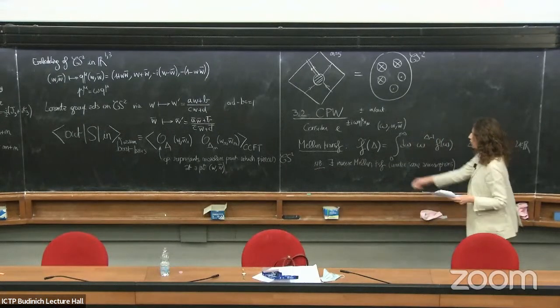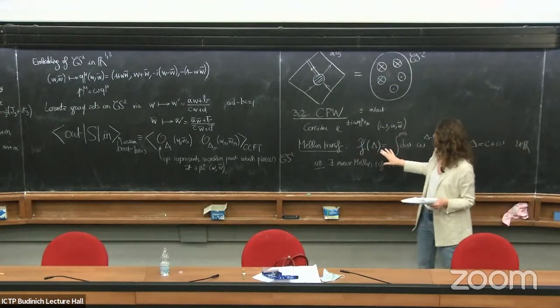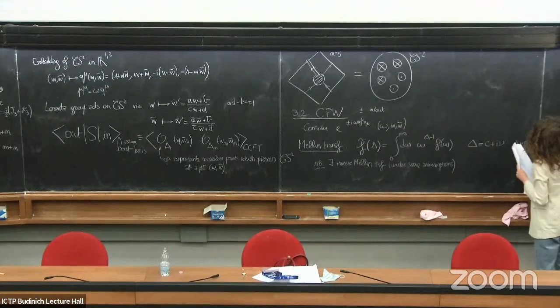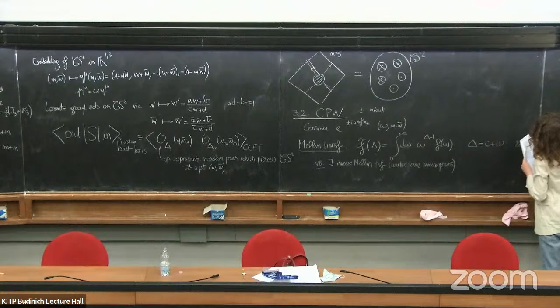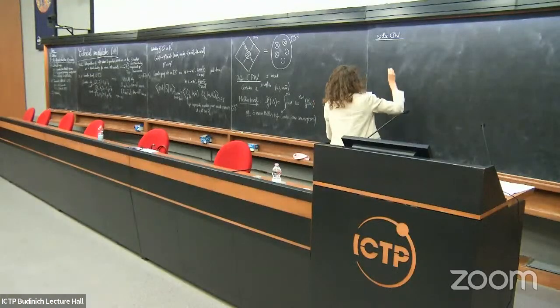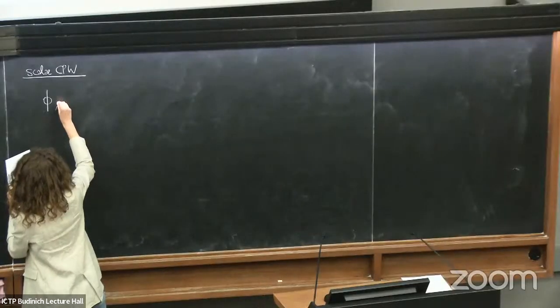So what I will call a conformal primary wave function is simply a Mellin transform of a plane wave packet. So now I'm starting with a scalar conformal primary wave function. So this is a definition of what I mean.